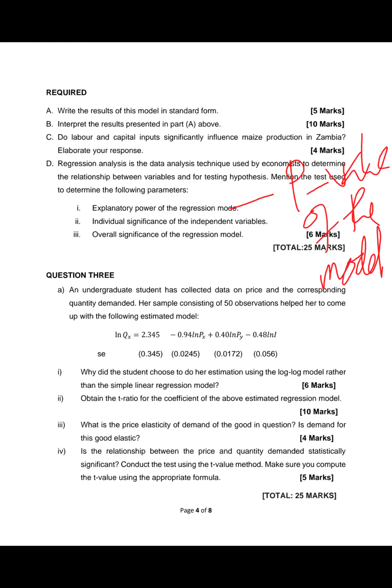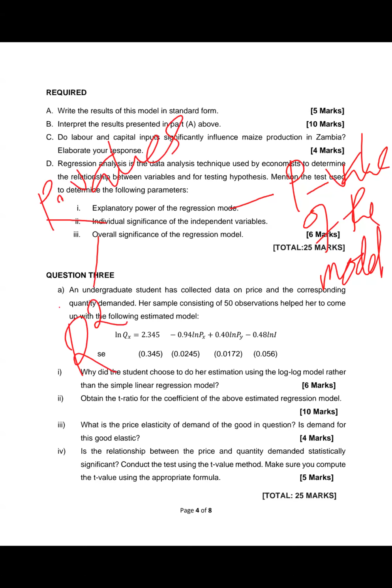Then the individual significance of the variable, you can use p-values, to check the significance of individual independent variables. Then for overall significance, you use the R squared.